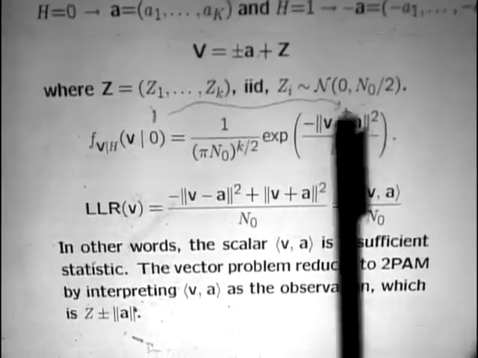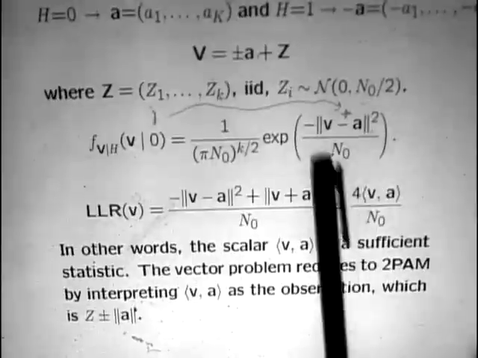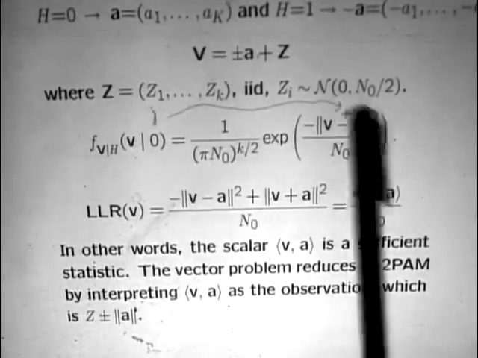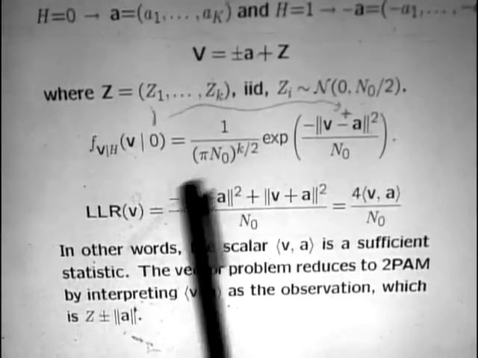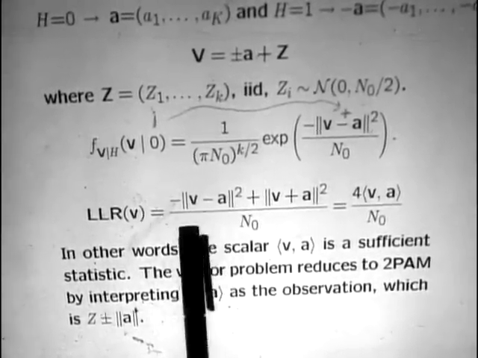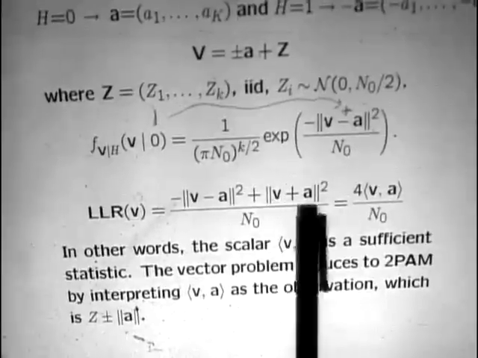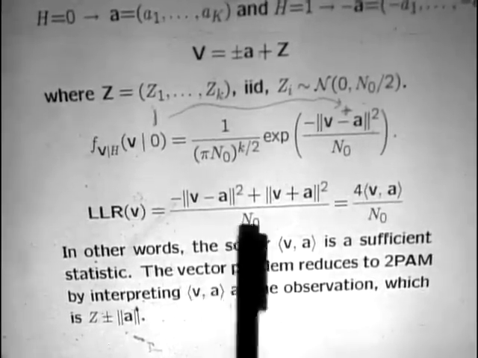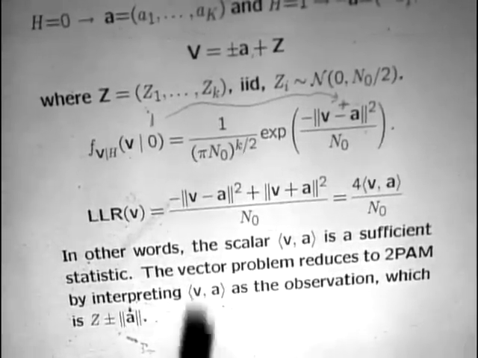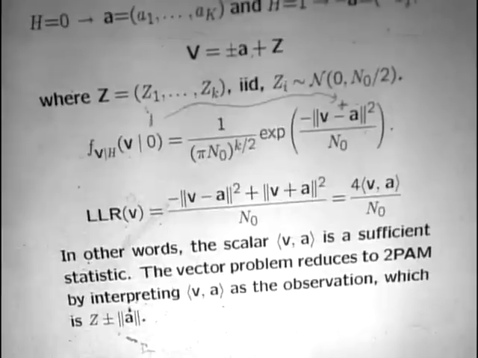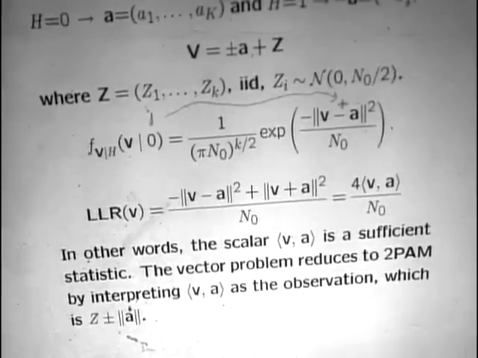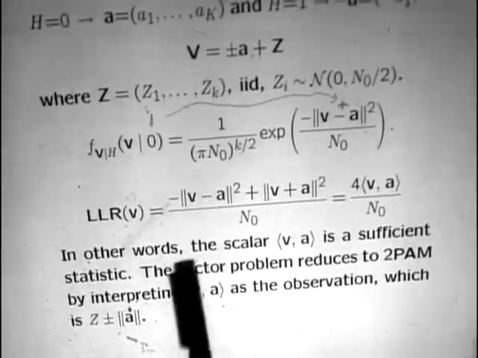And when I take the log of that, I get this term minus the opposite term with the opposite sign. So I have minus the norm squared of v minus a plus the norm squared of v plus a, over n0. And again, if you multiply this out, the v squareds cancel out, the a squareds cancel out, and you just get the inner product terms.